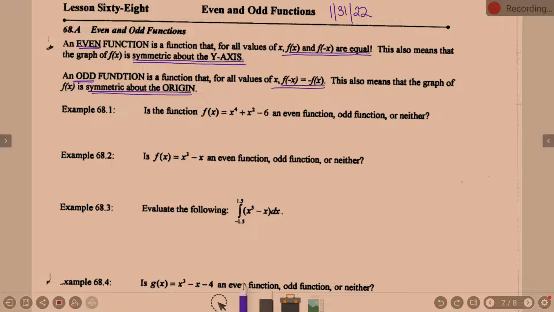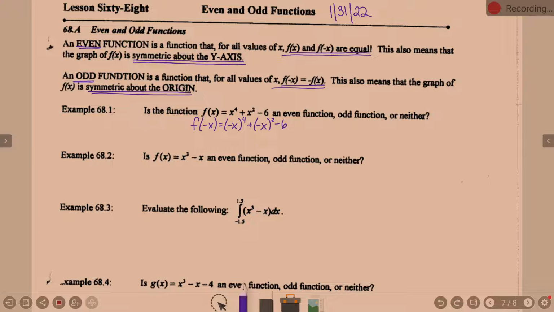Okay, so one option, if we think algebraically, is to try and find f of negative x. Remember, to find f of negative x, every place you see an x, you replace it with negative x, right? So instead of x to the fourth, it would be negative x raised to the fourth plus negative x raised to the second minus 6.